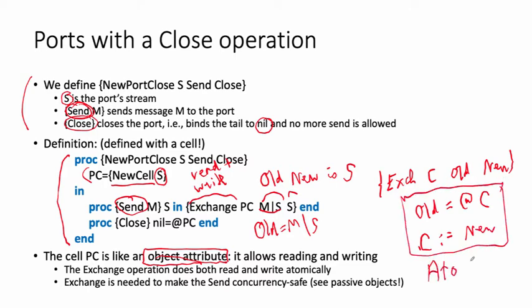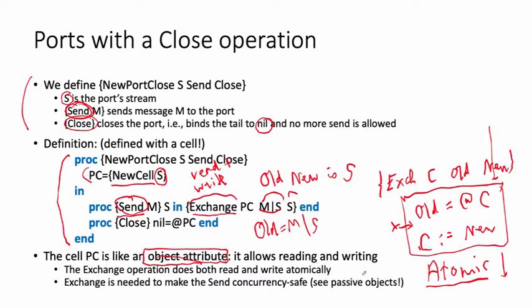It's atomic. That means the scheduler is not allowed to stop in between. For the scheduler, this is one operation. The scheduler will do everything or nothing. So this is called an atomic operation. The scheduler cannot break it into two. So with this, we are guaranteed that the send will always work correctly in concurrency.